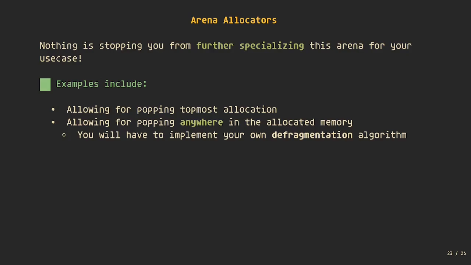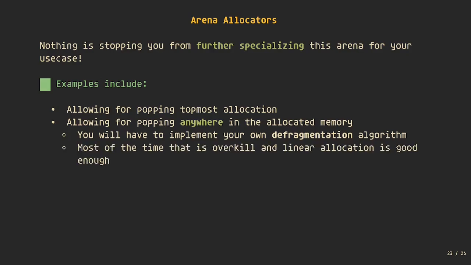And then whenever it gets reallocated, it would just get pushed on top of the arena. And if the size of your arena is constrained, this would be essentially costing you more than just using malloc and realloc. But you would lose all of the other benefits of arenas if you did go back to malloc and realloc. Most of the time, that is overkill and linear allocation is good enough.